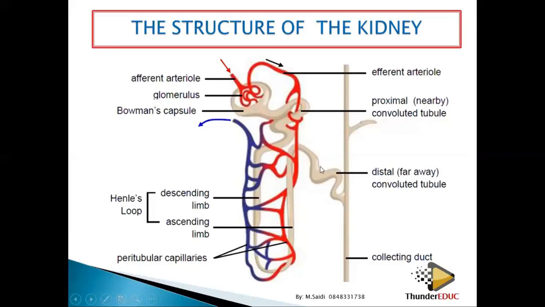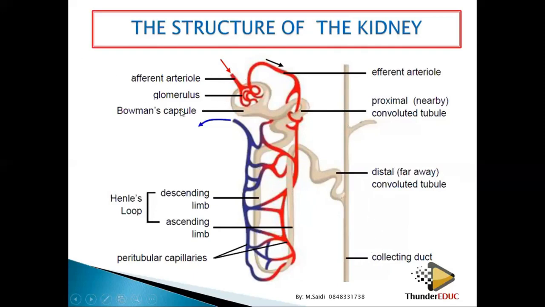Then it continues. It has the second coil, which is called the distal convoluted tubule. This distal convoluted tubule joins what is called the collecting duct, where the urine is collected before it joins the pelvis.